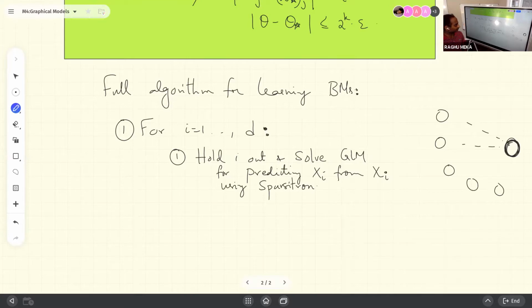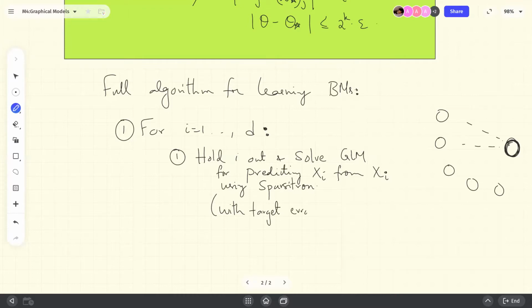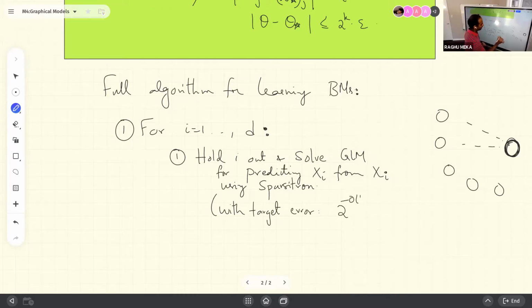Okay. So if we hold one coordinate out and try to regress it from everything else, how many samples do I need for this? So with target error 2 to the minus O of k, let's say 2 to the minus k times some epsilon. Okay?